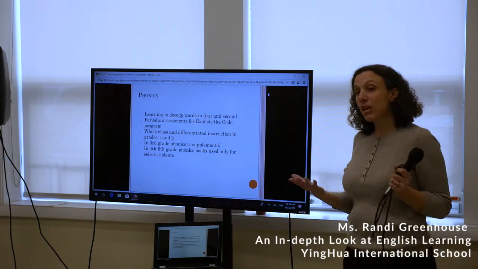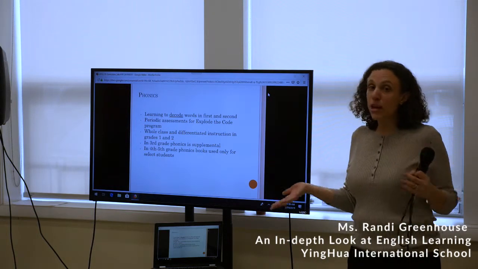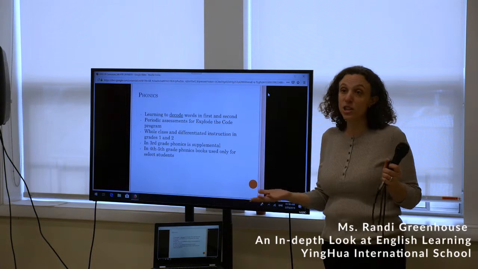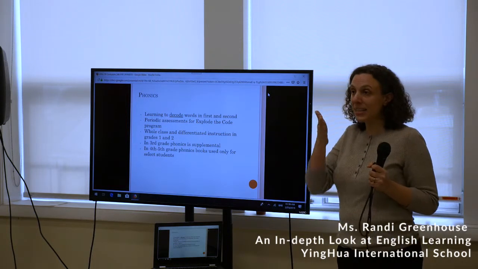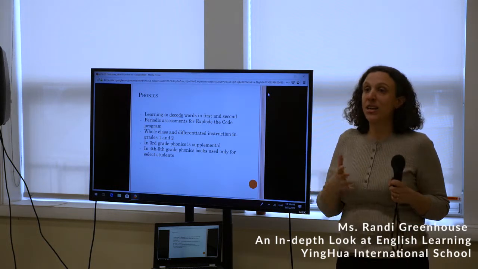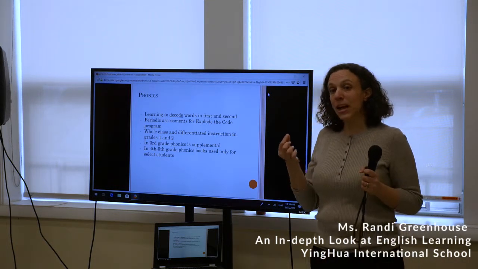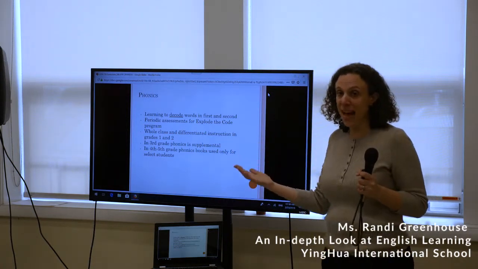In first and second grade, there is some full class phonics instruction because a lot of the kids need to learn what a blend is. When they come to an SC at the beginning of a word, they do need that instruction to know that those two consonants get blended together to make that flowing SK sound.